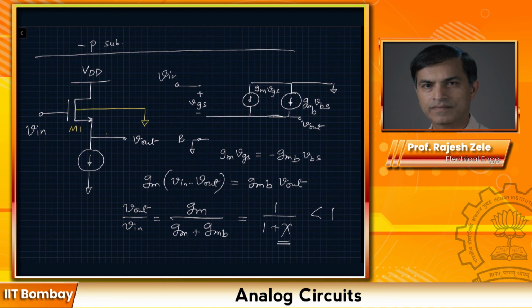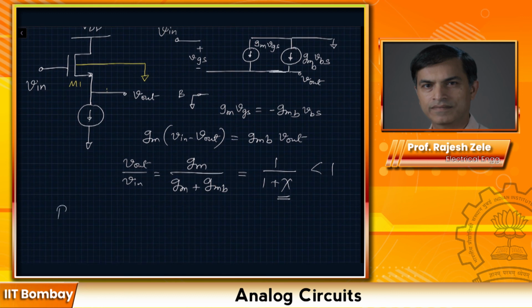Now you can also prove yourself what Rout is, which is the resistance looking back, and you will see that it will look like 1 over (gm plus gmb). And you can also do yet another level of analysis to include the effect of RL and Rout, and I have given that to you in the notes, but it's just a bunch of mechanics to go through and prove the same results.